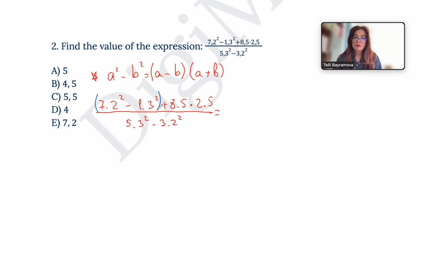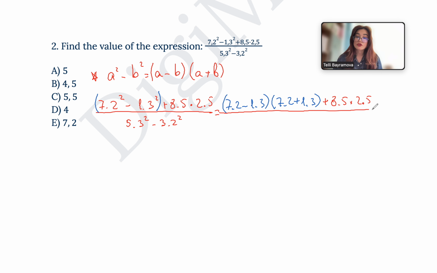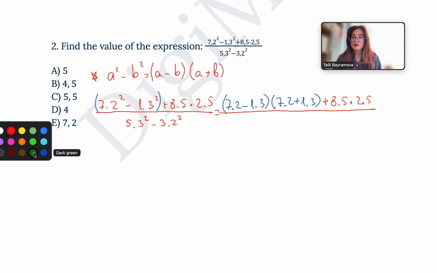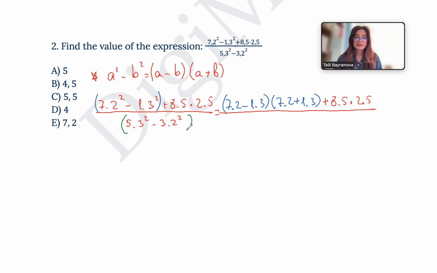It's going to be 7.2 minus 1.3 times 7.2 plus 1.3. Then continue writing the question, plus 8.5 times 2.5 over another formula in the denominator, this one. I'm writing 5.3 minus 3.2, 5.3 plus 3.2.